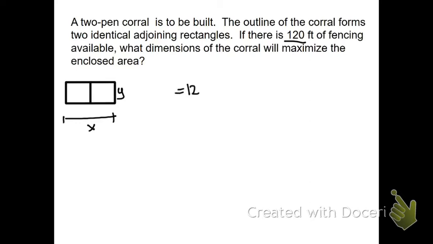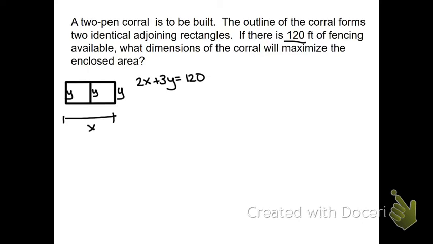I would have an X here and an X here, so that's 2X. But how many Y's would we have? There's a Y here, a Y here, and a Y here. So the amount of fencing would be 2X plus 3Y. Hopefully you understand where that came from.